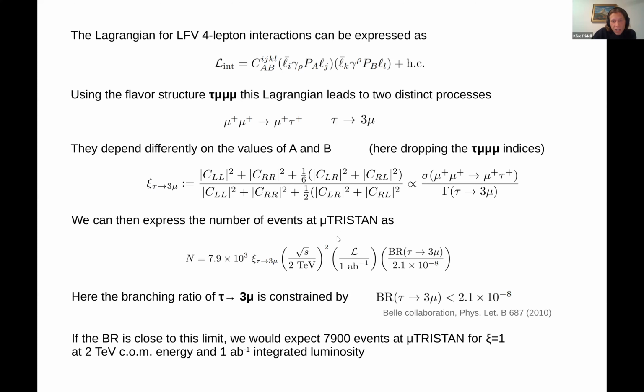When we parameterize it like this, we see that the number of events we would expect at Mu-Tristan for a center of mass energy of 2 TeV and an integrated luminosity of an inverse attobarn is almost 8,000 events, assuming that this branching ratio is close to its current experimental limit. So based on this, we can see that Mu-Tristan should be a very good probe of such lepton flavor violating physics.